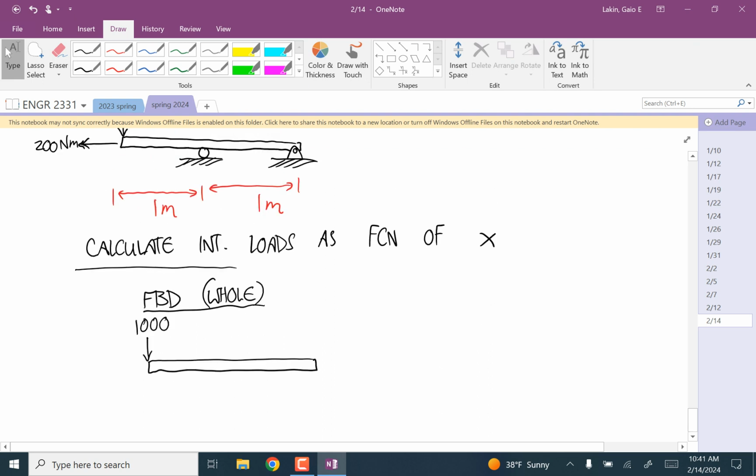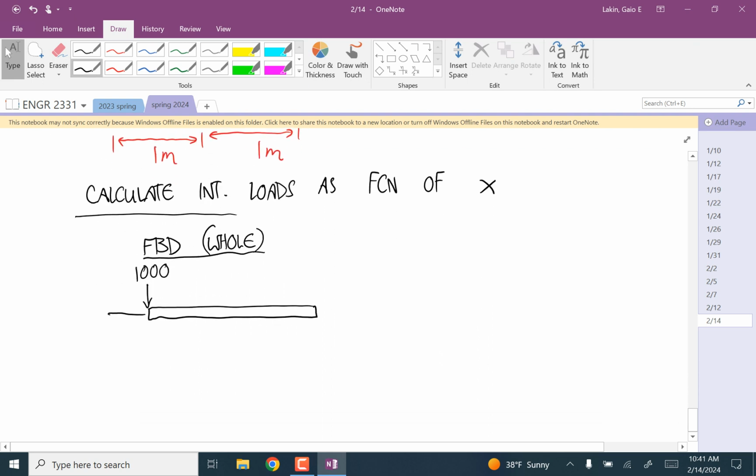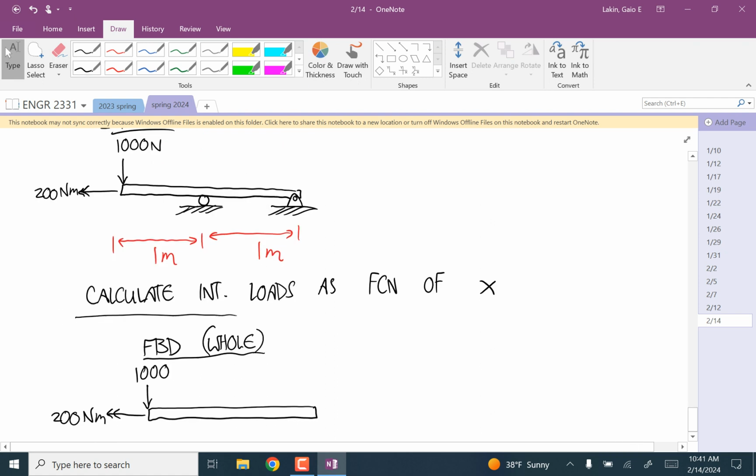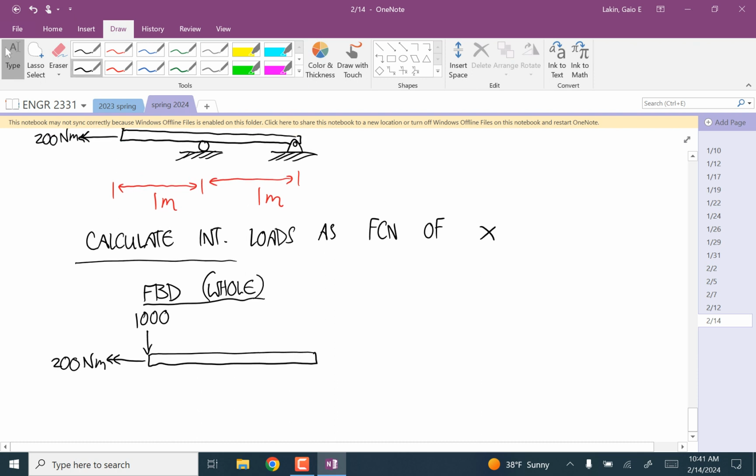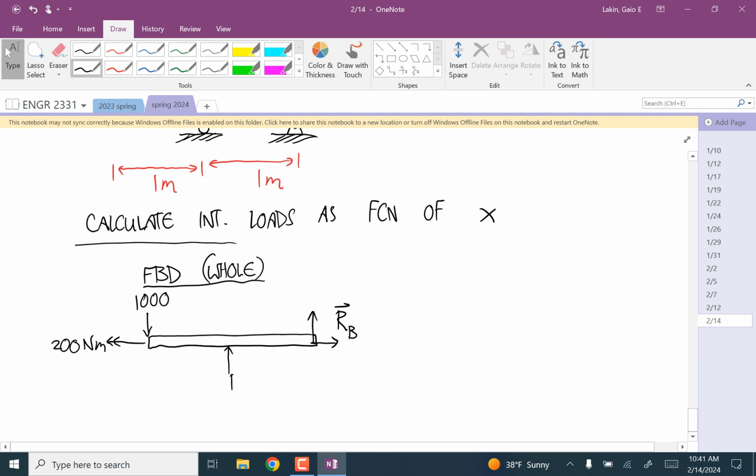That's 1,000 newtons, 200 Newton meters there. The pin joint at the right end applies an unknown force vector. I'll call that RB. And then the roller applies a force toward the body, perpendicular to the surface. I'll call that RA.